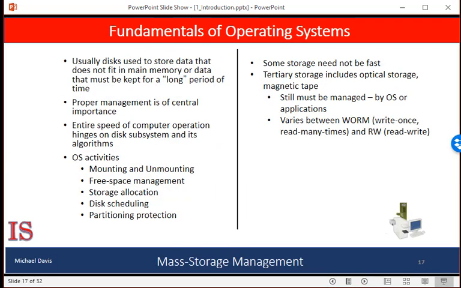As we have already seen, the computer system must provide secondary storage to back up main memory. Most modern computer systems use hard disk drives and non-volatile memory devices as the principal online storage for both programs and data. Solid-state drives are becoming more and more popular and common.